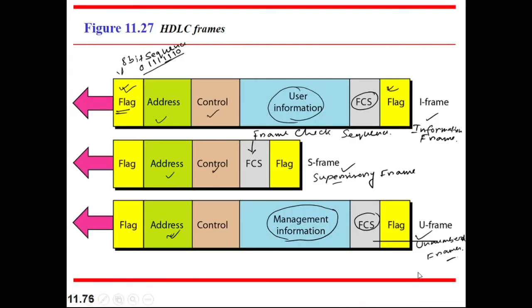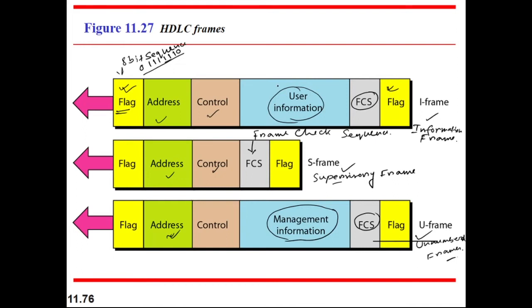Suppose we have our data, and if we have this pattern inside our data also, then we need to do bit stuffing or character stuffing there to discriminate the data from the flag. Because this flag is fixed, 0, six 1s and 0, it indicates the delimiter: it indicates the starting of a frame, and the end flag indicates the end of the frame. So this is called a delimiter.